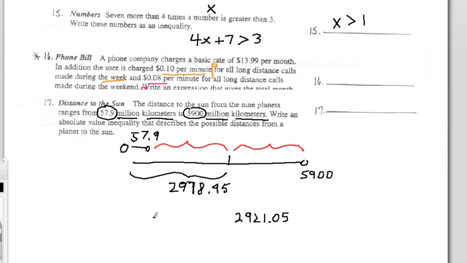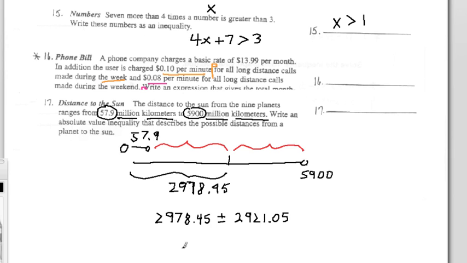Now, the possible distances are 2978.45 plus or minus.